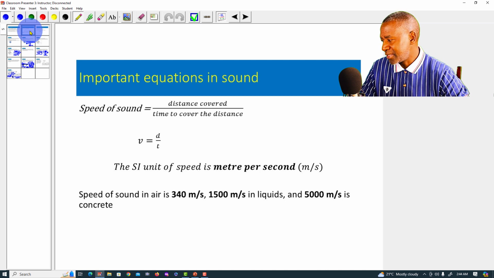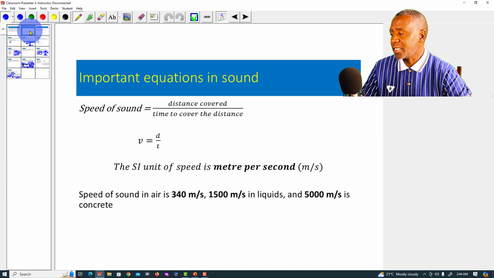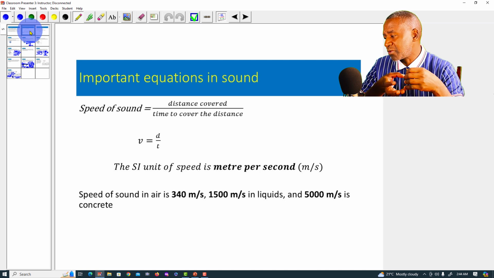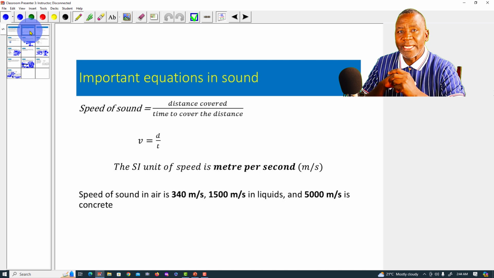It follows from this equation that the SI unit of speed is meter per second. Speed of sound in air is about 330 meters per second. So generally, although there are factors which affect the speed of sound in air, and you can go to your course book where those factors are listed, it is about 1,500 meters per second in liquids.